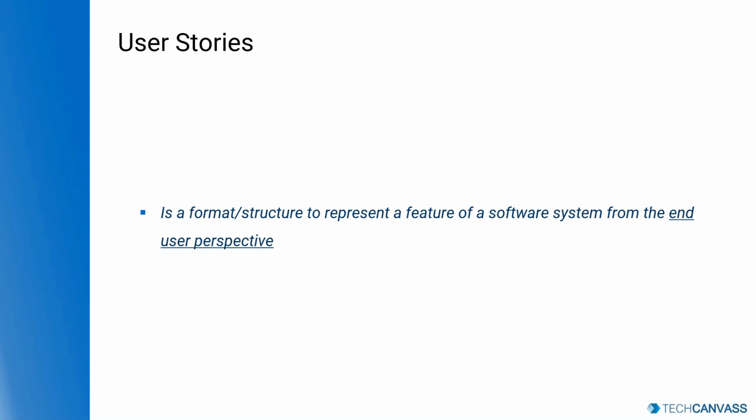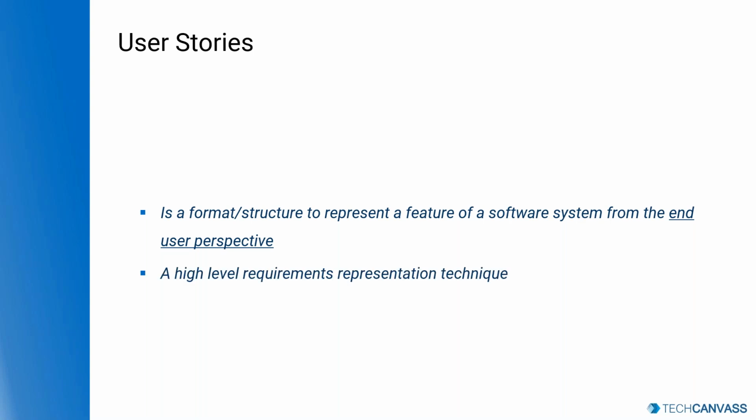For example, in an e-commerce website, there are two types of users. One is a customer who's going to buy the product from your system. The other one are the employees who are going to upload the product and modify them and keep them updated. Both are users, but they have different perspectives of using the system.